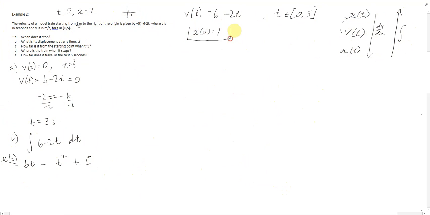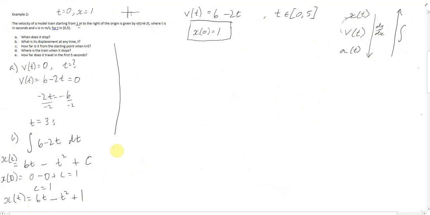That's why it was so important that we found that extra piece of information out. So when time is 0, our displacement is 1. So let's write that in. Time is 0. 6 times 0 is 0. Minus 0 squared is 0. Plus c equals 1. So c equals 1. Therefore our displacement is given by 6t minus t squared plus 1. And let's read the question again. What is the displacement at any time t? Yep, there it is. We've got it.